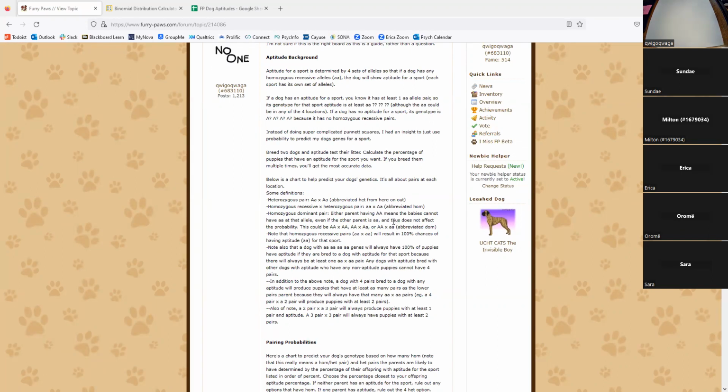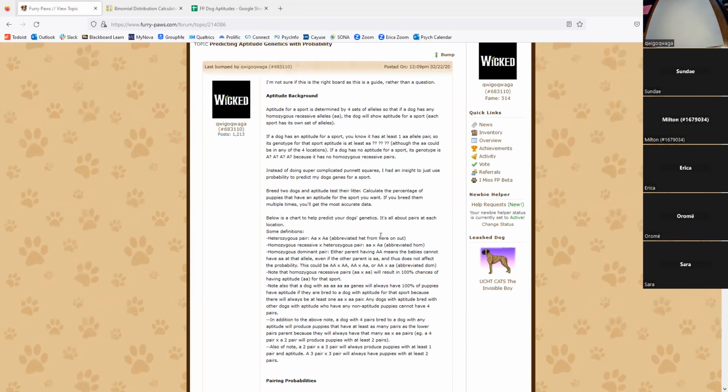So I'm gonna just walk through my probability guide method. I know it can be kind of dense and confusing, so I think it might be a little easier for people to follow if they can see it. So basically what you do for this method is you breed 2 dogs, ideally multiple times.